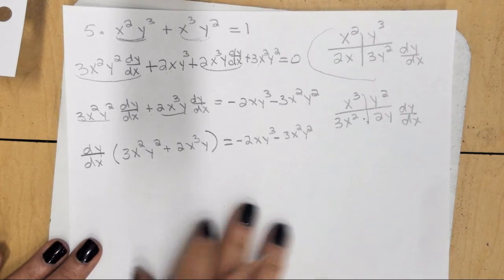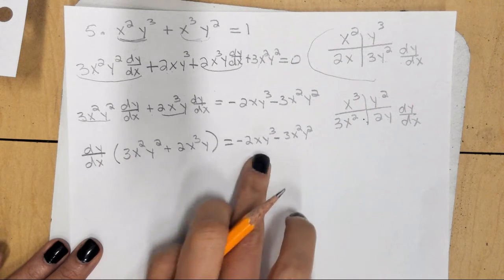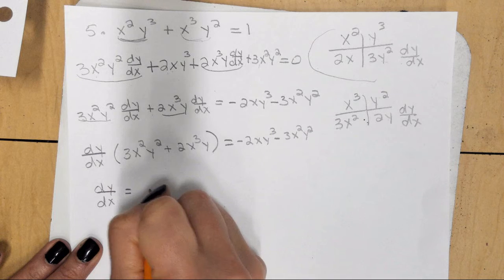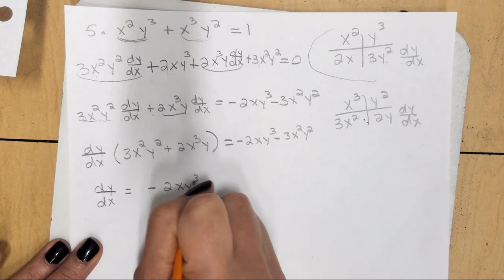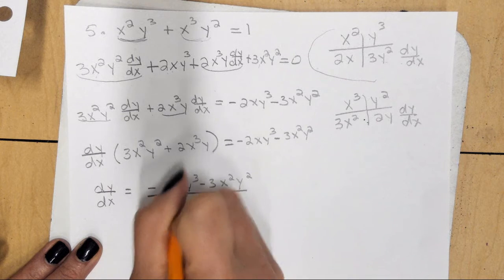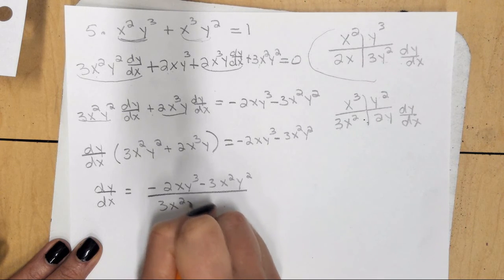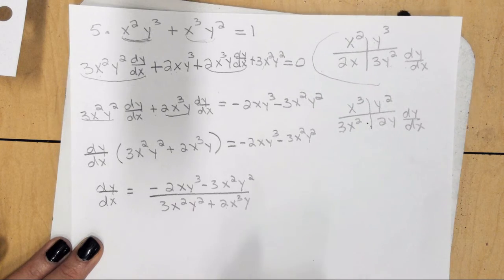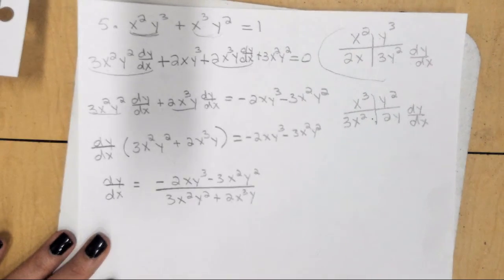And now my final step to get him alone, divide this guy over. So dy over dx equals this whole numerator all over this guy, 3x squared y squared plus 2x cubed y. Final answer, dy dx is by itself.